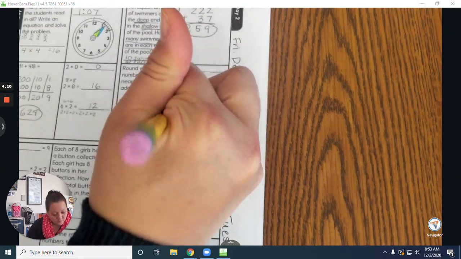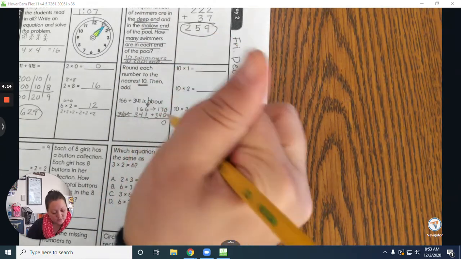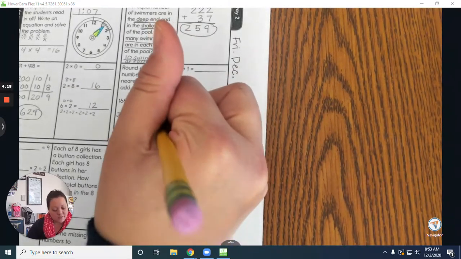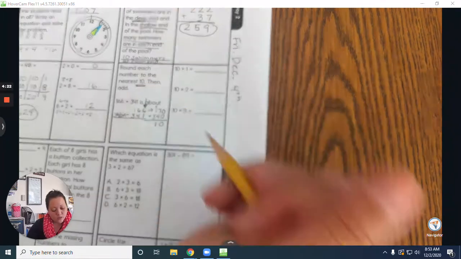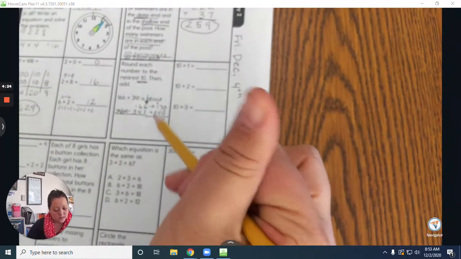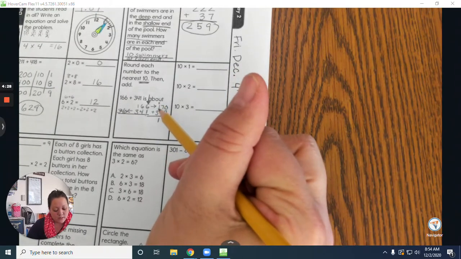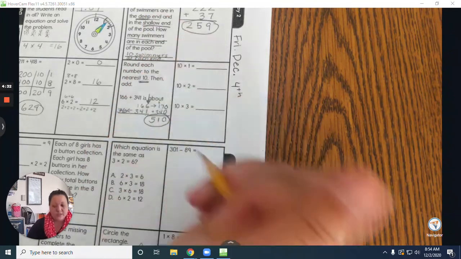I'm just going to move this on over here so I can add this up. 0 plus 0 is 0. 7 plus 4 is 11. So I put the 1 here and I carry the extra 1 up there. So see how it says 11, that's just split. And 1 plus 1 is 2. And 2 plus 3 is 5. So it is about 510.